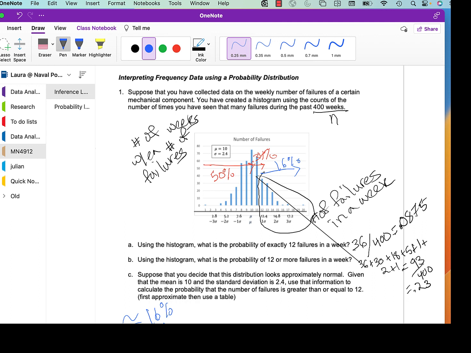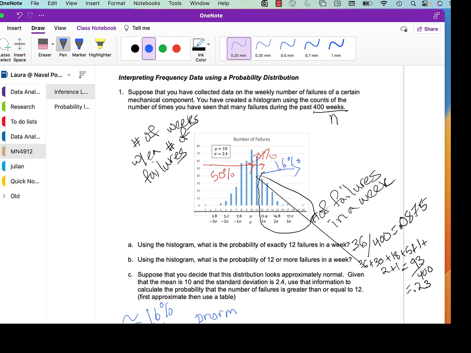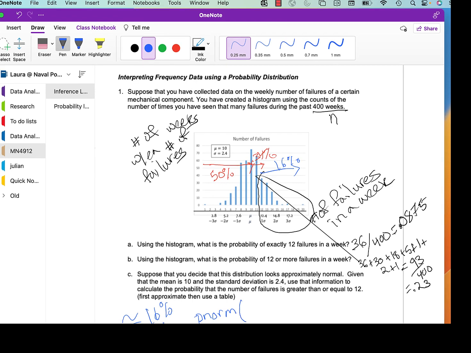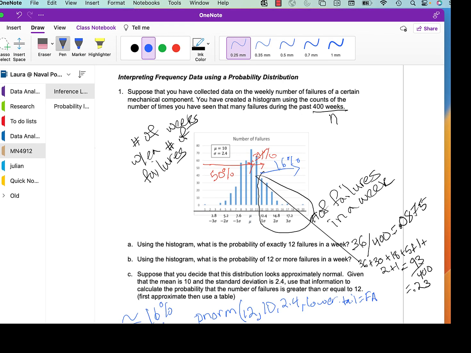And what you're going to ask R to do is use the pnorm function and tell it that you're going to want pnorm of 12, 10, and 2.4. And tell it lower.tail equals FALSE.